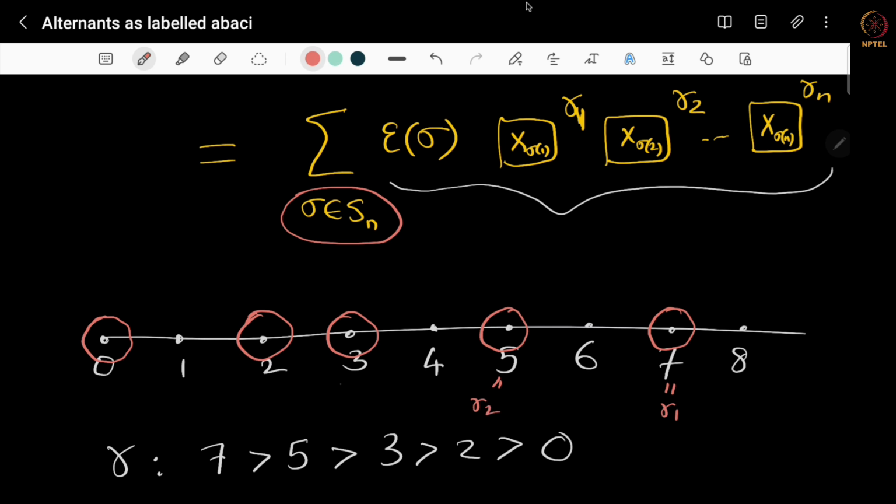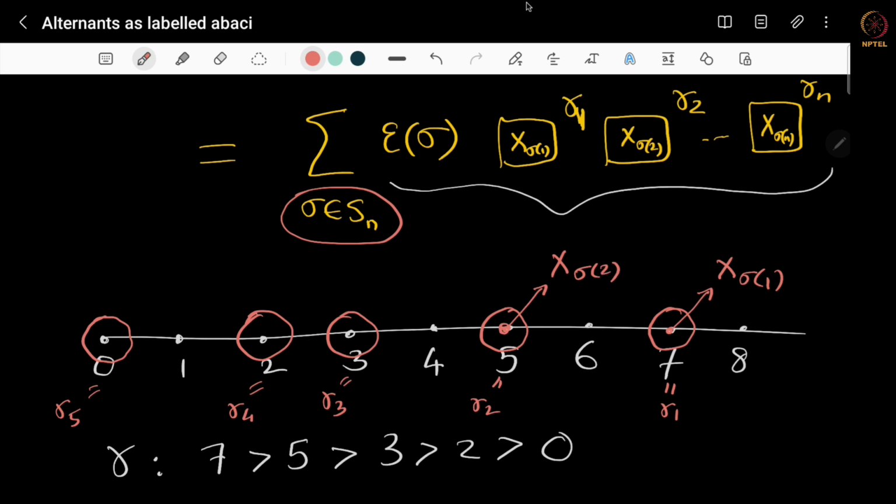So all possible permutations of these 5 beads, right? But the positions of the beads are fixed. They can only be at the numbers 7, 5, 3, 2, and 0. So there will be 5 factorial different ways of arranging these beads, and each one corresponds to one term in this summation.